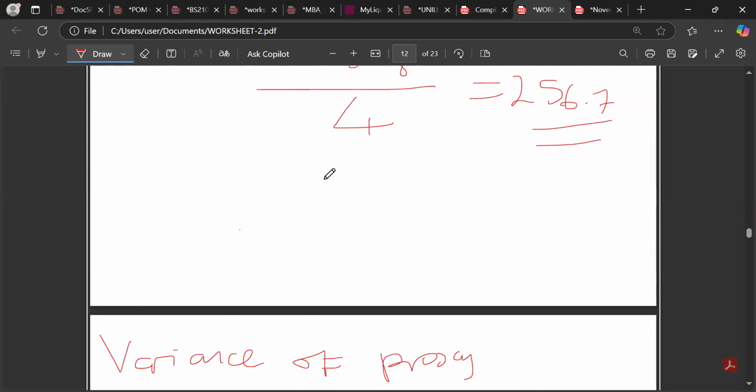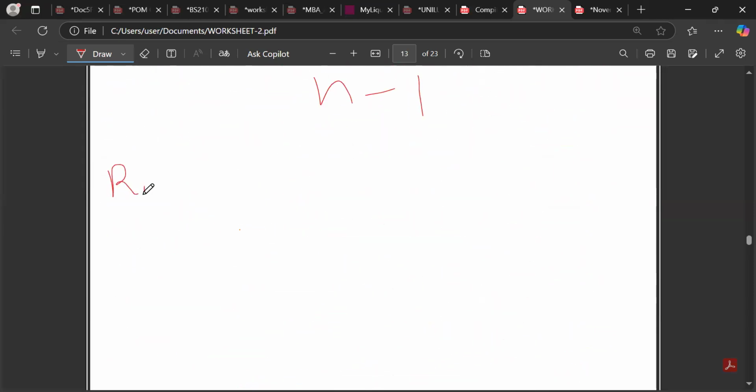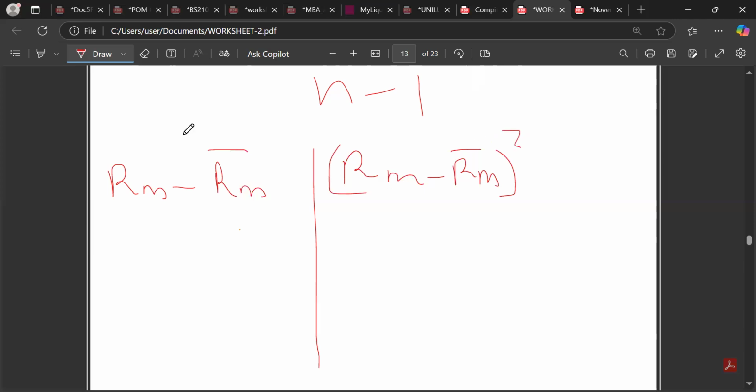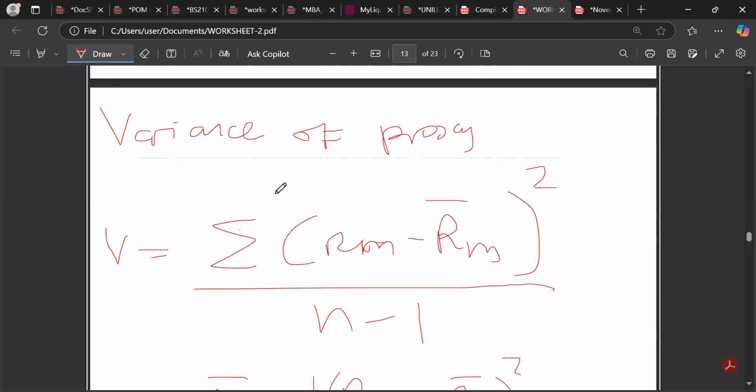So I'll write it down here: return of market proxy minus average market proxy return, and then the square of this, Rm minus Rm bar squared. We already found these.